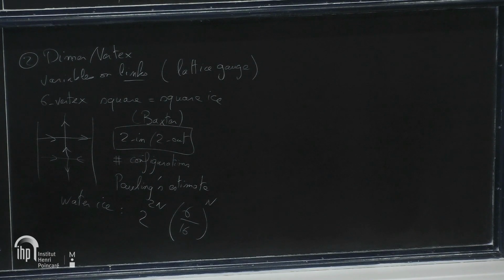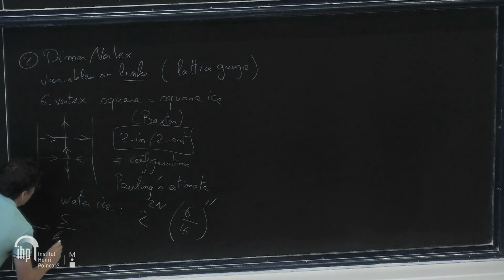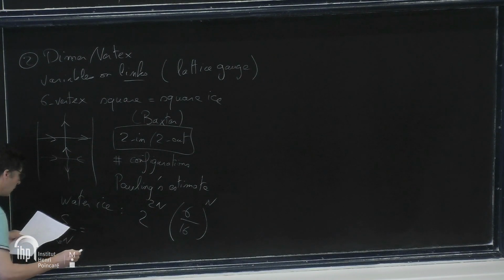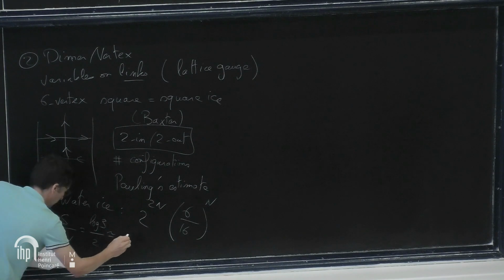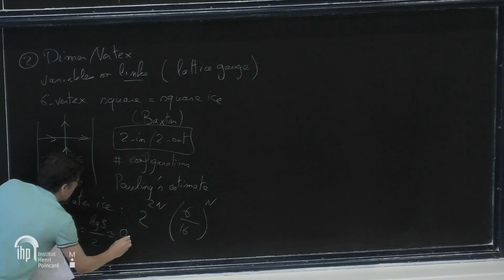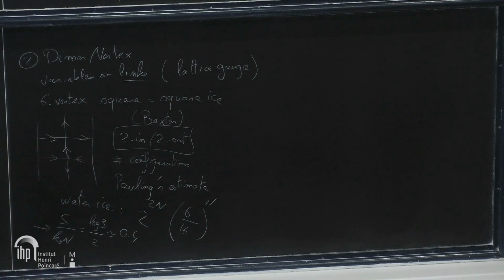And this is beautiful because for water ice it gives you almost the exact result, because this number is log 3 over 2, which is close to 0.4. So experimentally, water ice was measured, but you could say, maybe it's just an experiment.